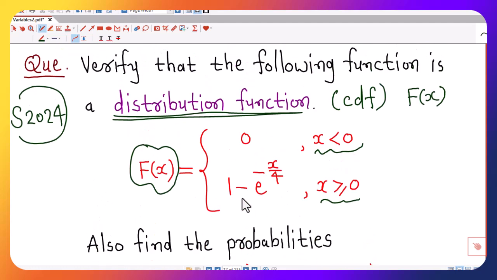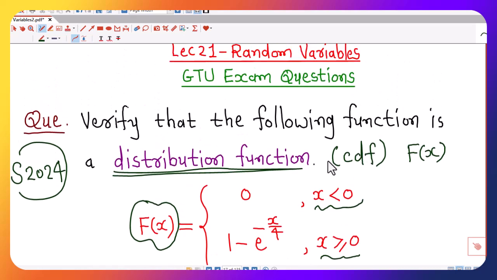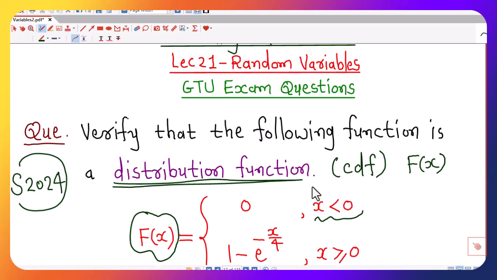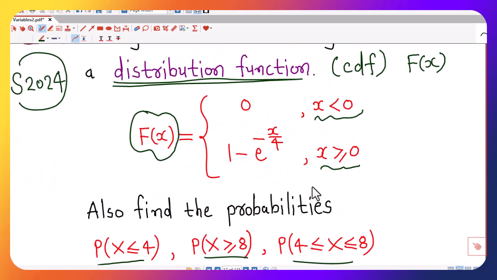So first we verify that this function is a distribution function, and to verify this we must recall the properties of cumulative distribution function.